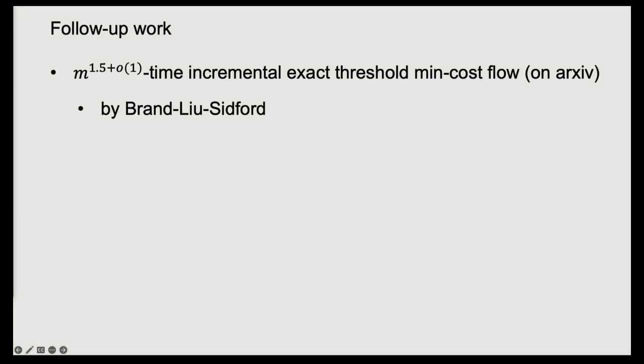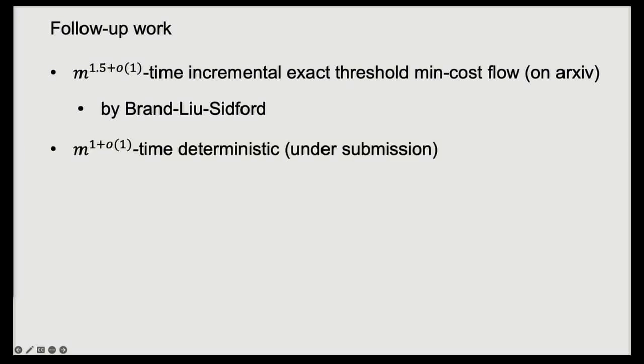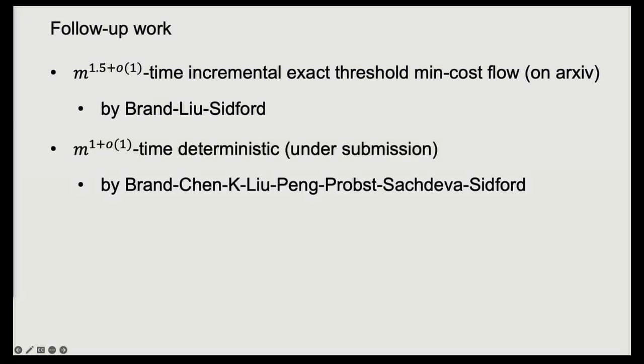I wrote in the abstract, sorry, let's go for lunch, but that I would just mention follow-up work. So there's a few things. Of course, people are appealing to the statement, but more directly building on the techniques, there's not so much yet. That's why I'm here trying to teach you all how to do stuff with these, right? But Brand, Liu, and Sidford have a very nice m^1.5 plus little o(1) incremental exact threshold min-cost flow.